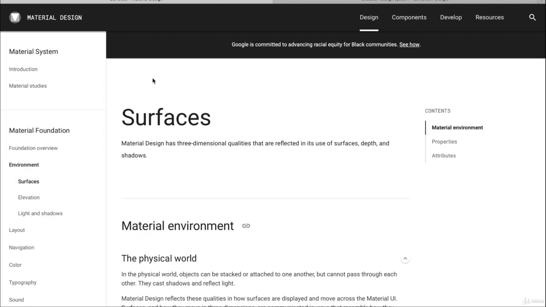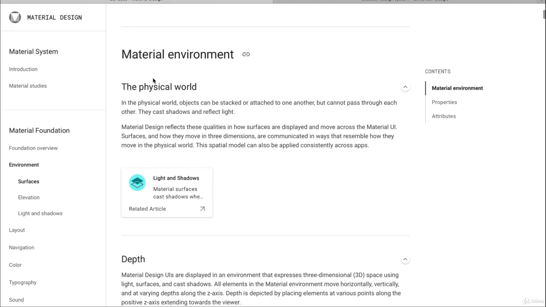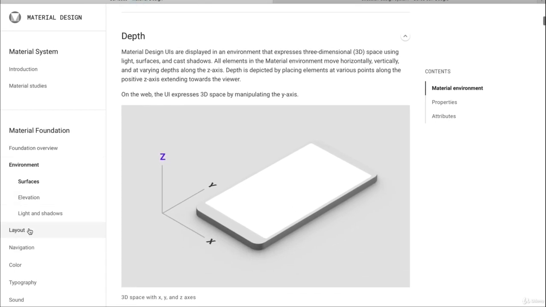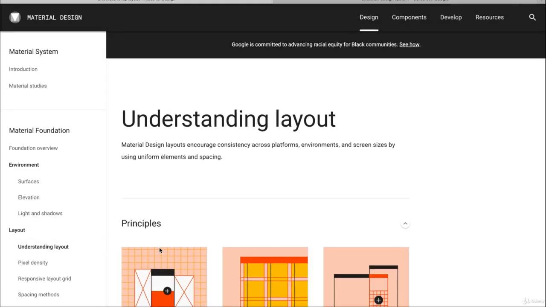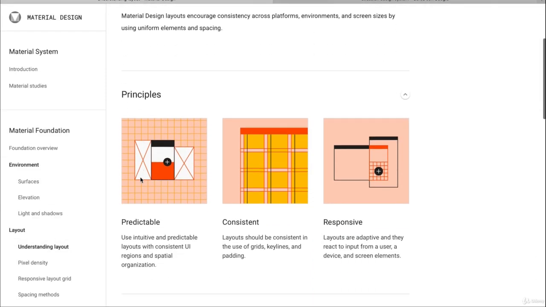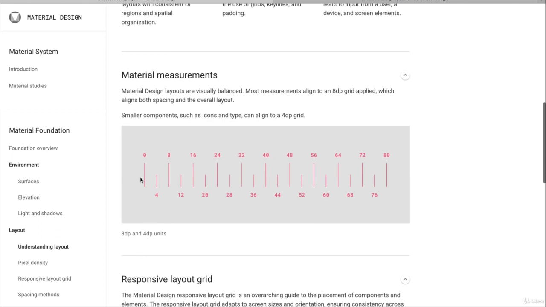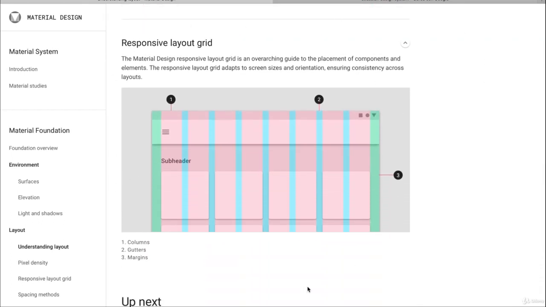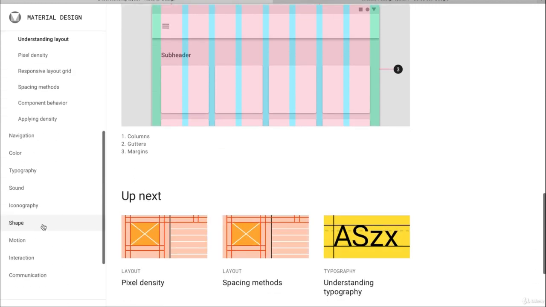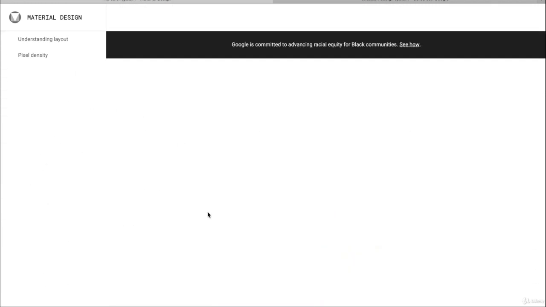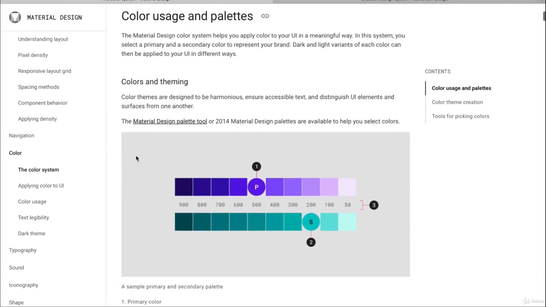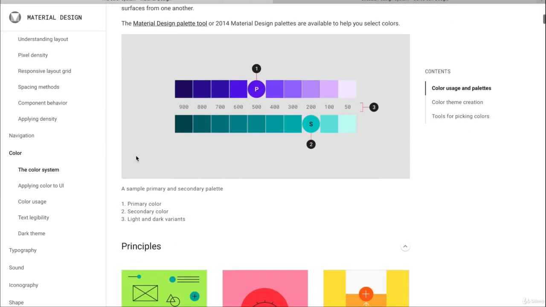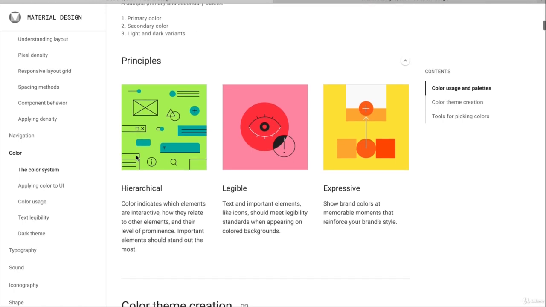So I highly recommend you go to material.io and read through the documentation and really study the way that Google Material Design System is created, the reasons why they made specific decisions, the way they structure things like grids and icons and color, because everything has been thought out in an extremely detailed way, and you can learn a ton from it.